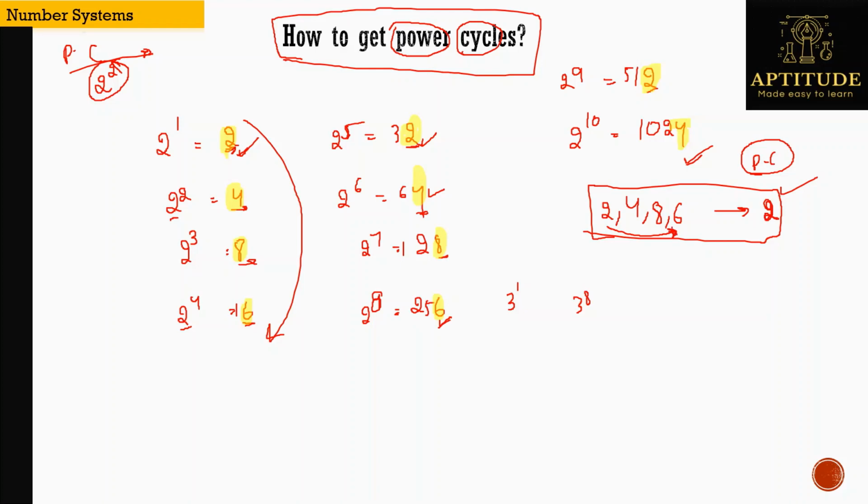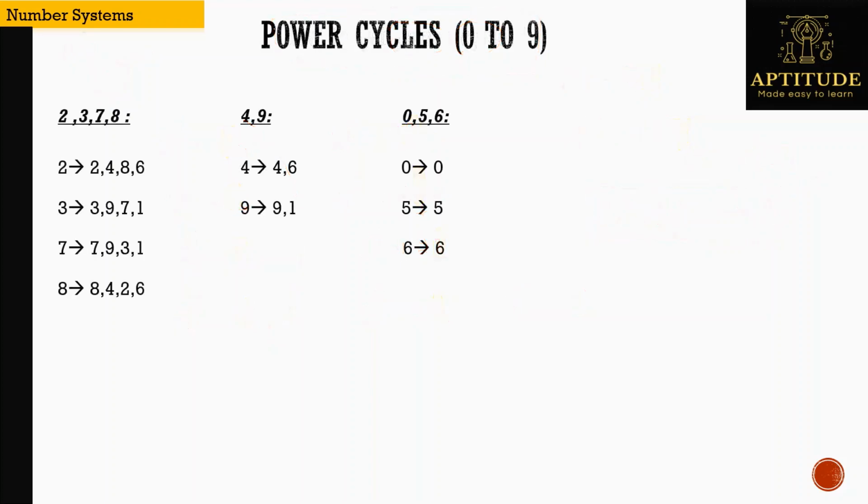Similarly, using the same concept, I have framed the power cycles from 0 to 9. You can observe these values here: power cycle of 2, 3, 7, 8, power cycle of 4, 9, and power cycle of 0, 5, 6. Why I have written these as separate groups, you can get an idea now.